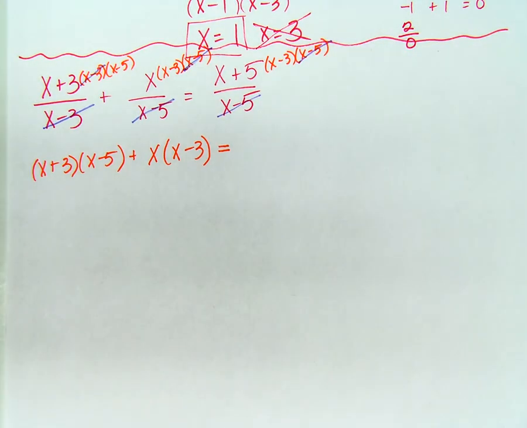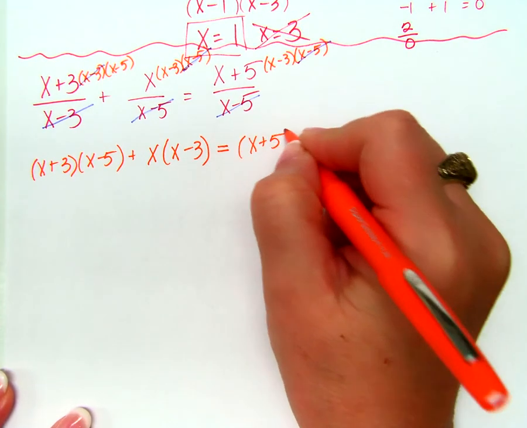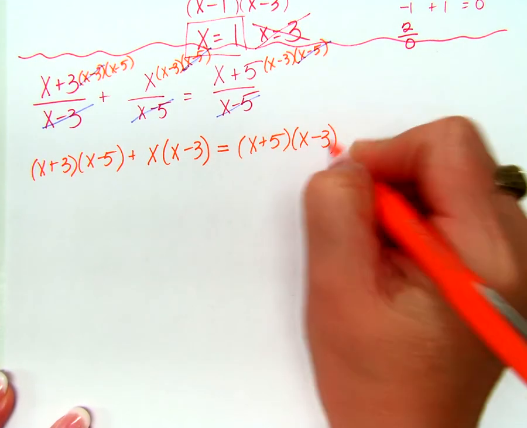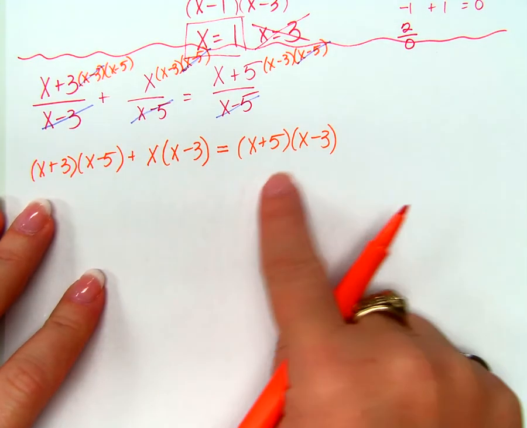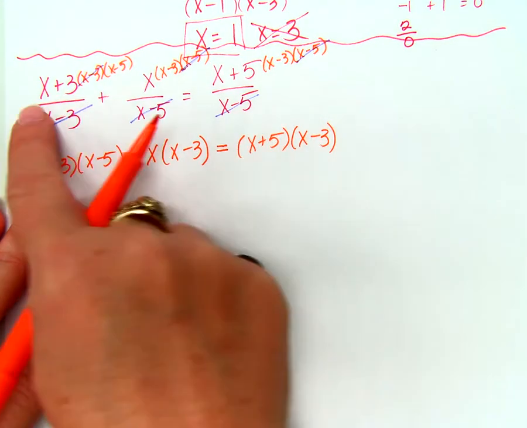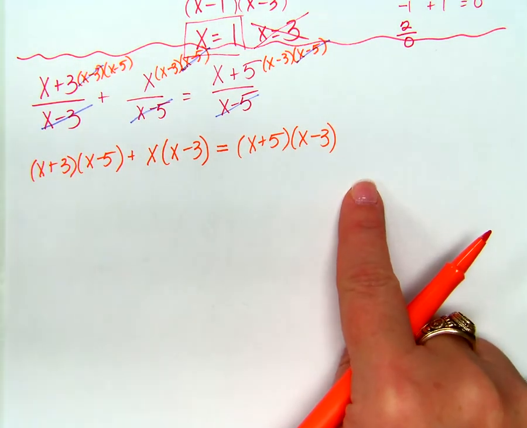And what are we left with? X plus 5, x minus 3. Got it? Now, even though this is long, is it easier than fractions? Yeah, so let's take our time on this one, figure it all out, okay?